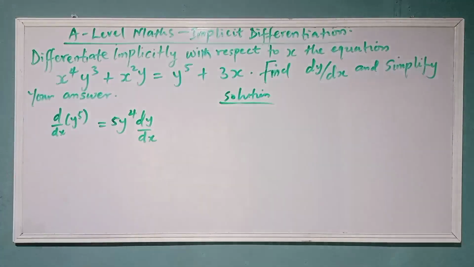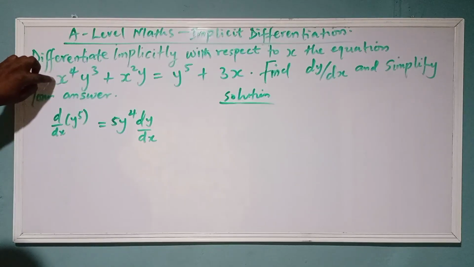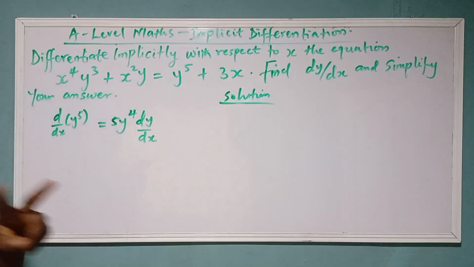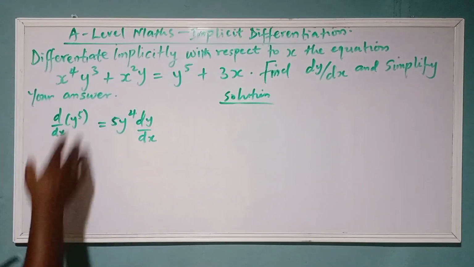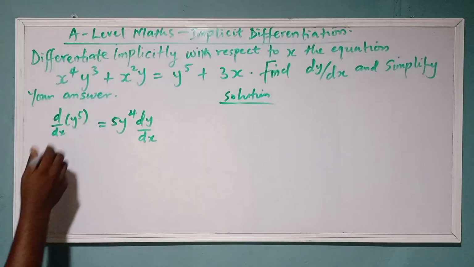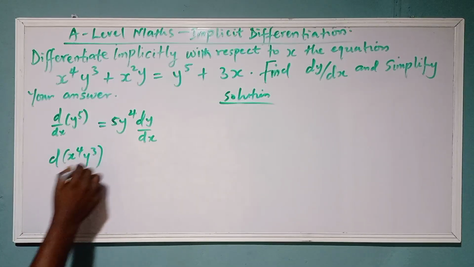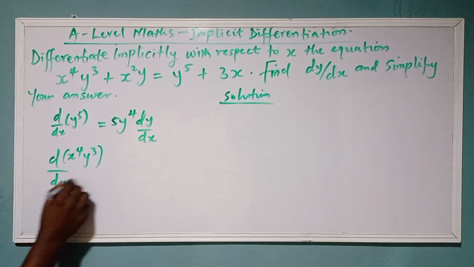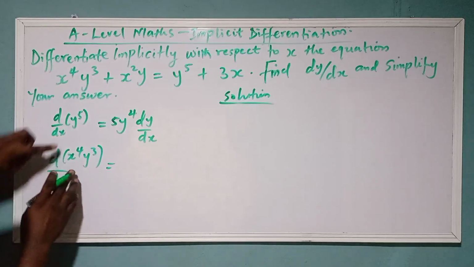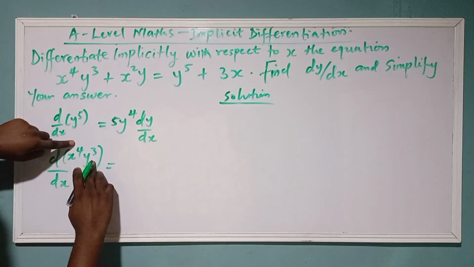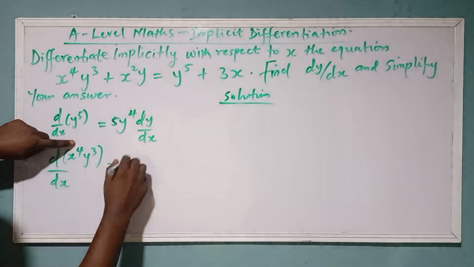Then, if you have a term that combines x and y together, you have to do double differentiation. The first differentiation is I will do for x and keep y constant. So if I differentiate x to the power 4, it will be 4x raised to the power 3.